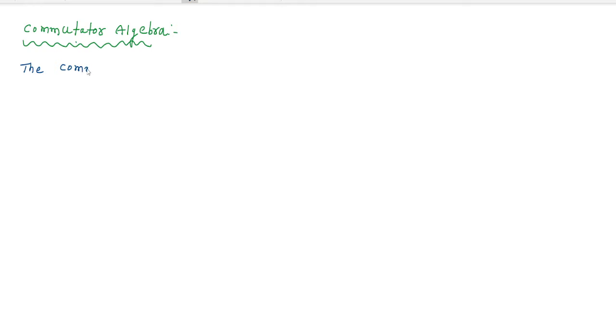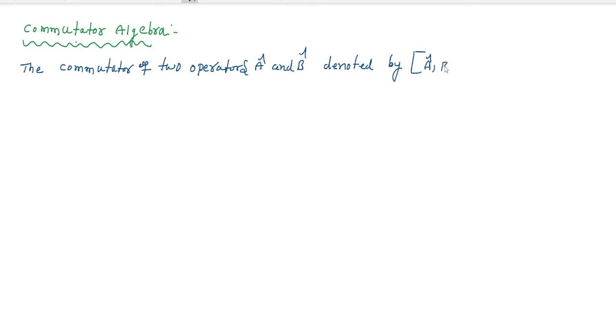The commutator of two operators A and B, denoted by [A, B], is defined like this: A commutes with B, equal to AB minus BA.